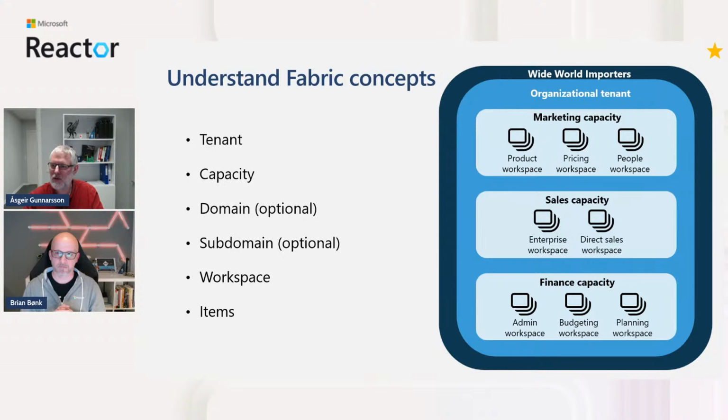And then within the capacity, you have workspaces. If we zoom in further, we would see that within each workspace there will be things such as reports or, in our case, because we're talking engineering, probably a pipeline or a notebook or a lakehouse or something like that. So this is the hierarchical structure of all the items that we have.